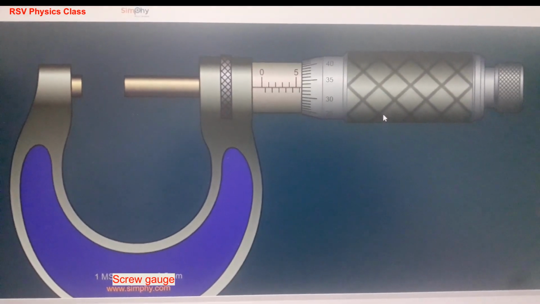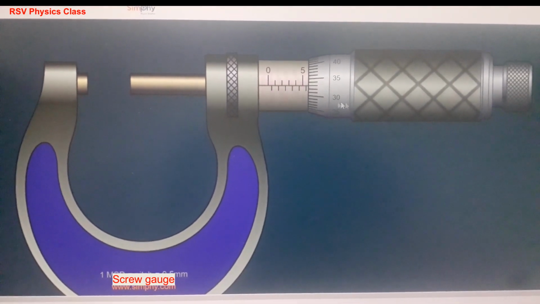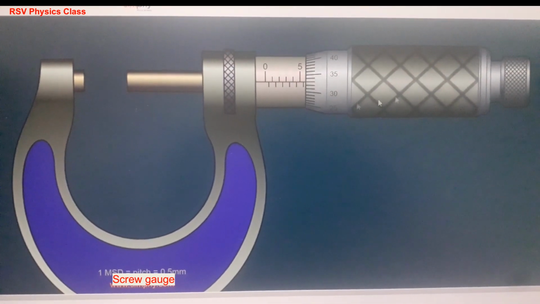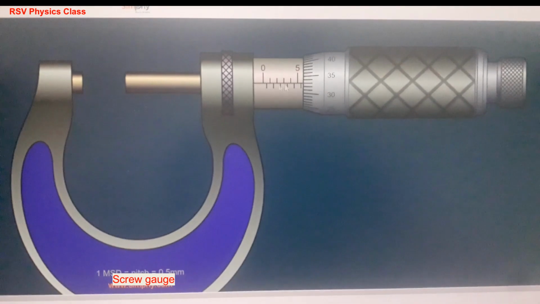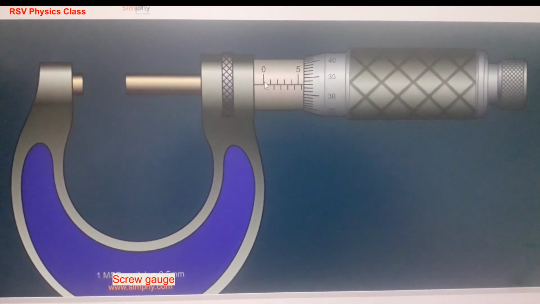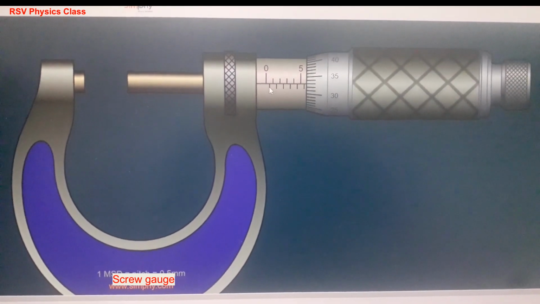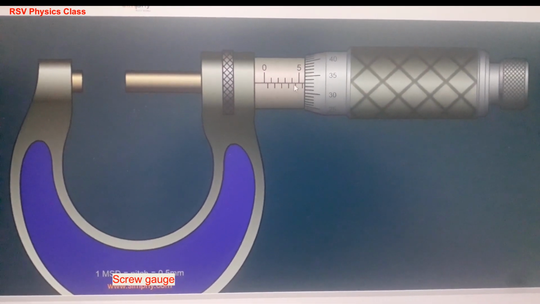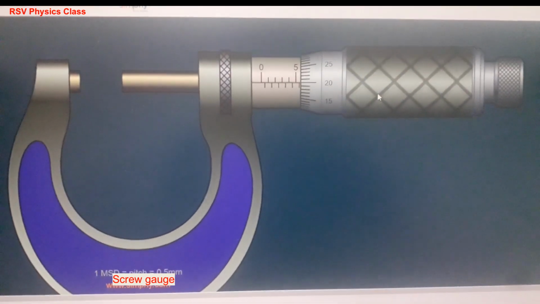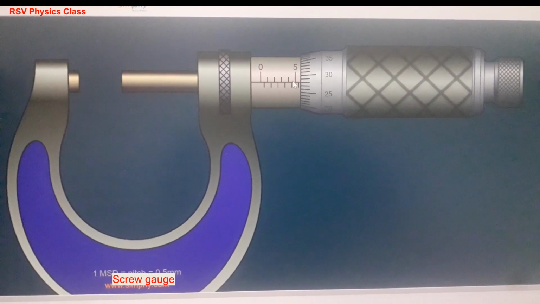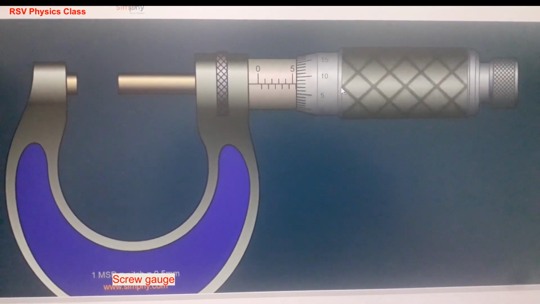Here in this animation I am showing the screw gauge. In this apparatus, this is your main scale, and this is 1 mm, and this is 0.5 mm, and this is your circular scale. Just see, I am matching the main scale axis with 0.